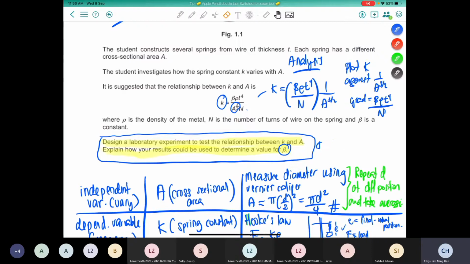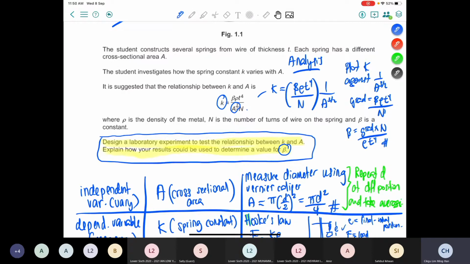Okay, sorry, around here. You can get the beta, which is equal to gradient times N over density T to the power of 4. So you'll get this analysis done. So normally when you say plot against something, you get 1 mark, and then the constant is another 1 mark.